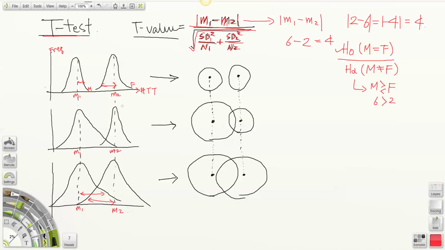Now try to look at it from this angle, if possible, and consider these centers as central tendency measures, which is the mean. I use these dotted lines because I want to indicate that these means are the same and these means are the same, just like the cases here.